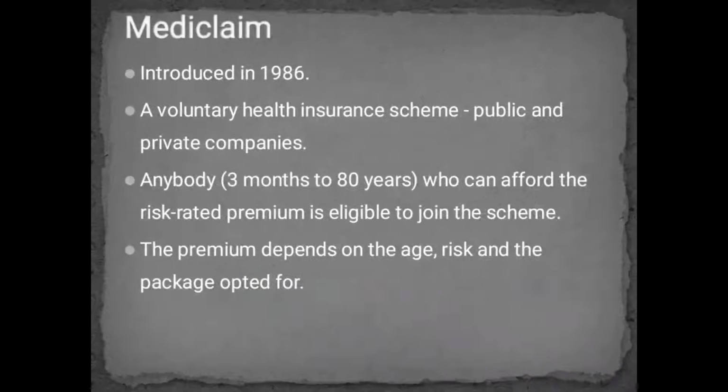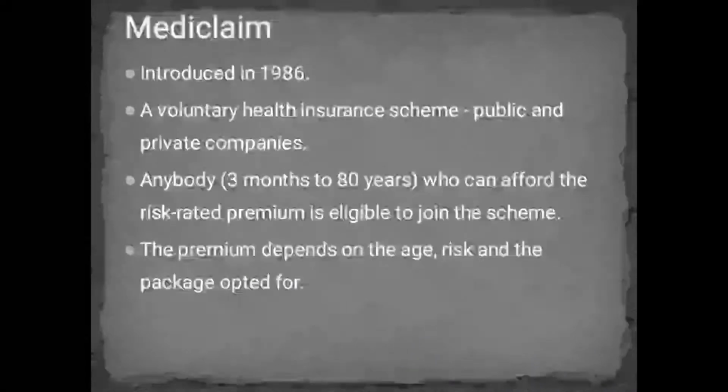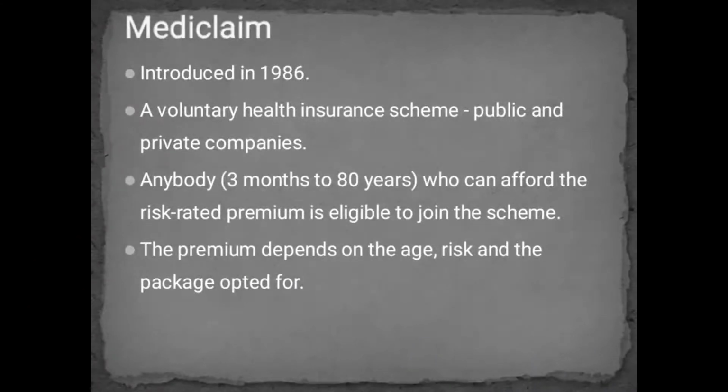Next. Regarding Mediclaim, we will see some information so that we understand private health insurance better. It was started in 1986, not of recent origin. It is a voluntary health insurance scheme by public and private companies. Anybody from 3 months to 80 years who can afford the risk rated premium is eligible to join the scheme.